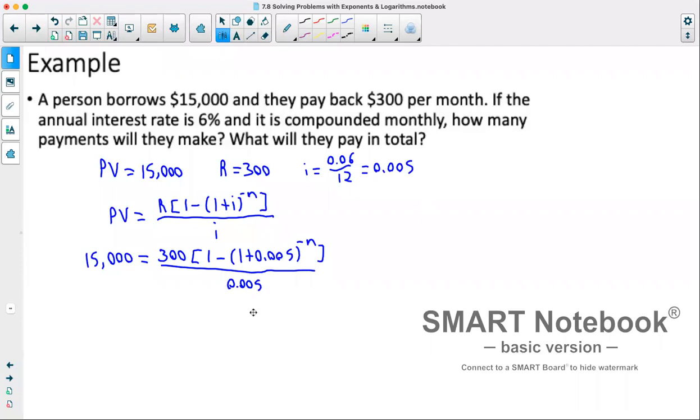Now, just like the last one, the first thing I would do is get rid of this fraction. So we'll multiply both sides by 0.005.